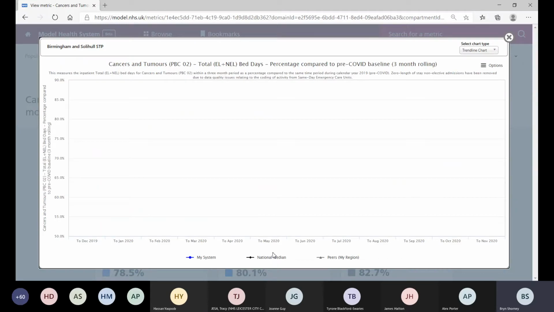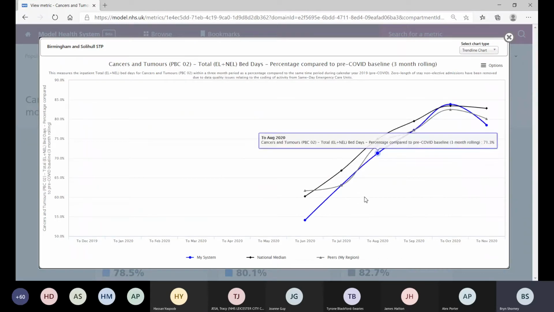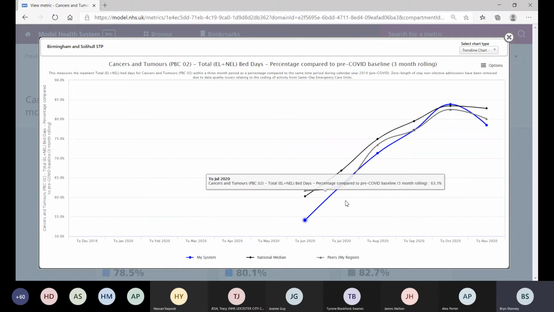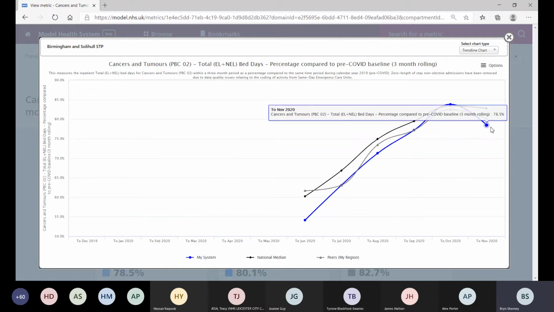Again, if I go into the interactive chart, you can see how this has changed over time. This is a 3-month rolling indicator, so we've got data from April to June all the way through to September to November.